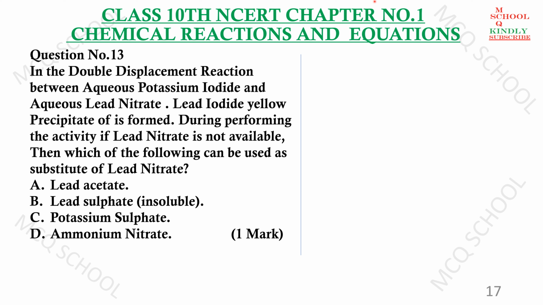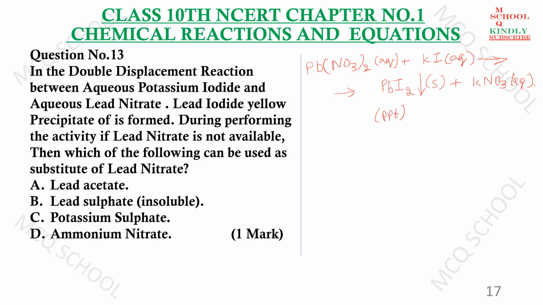To understand, let us write the equation. When we combine lead nitrate with potassium iodide, the lead iodide precipitate is formed along with potassium nitrate. In case lead nitrate is not available, what can we have?